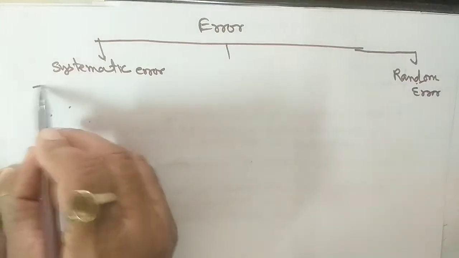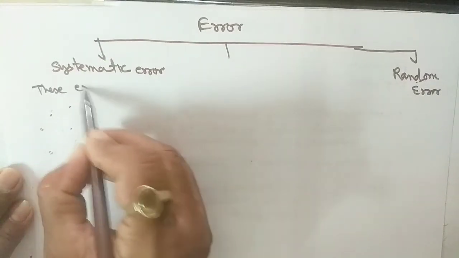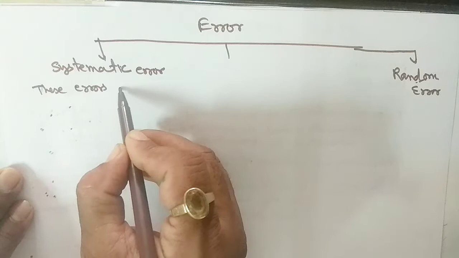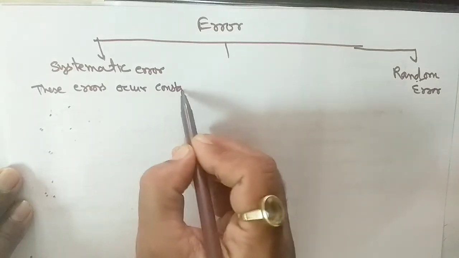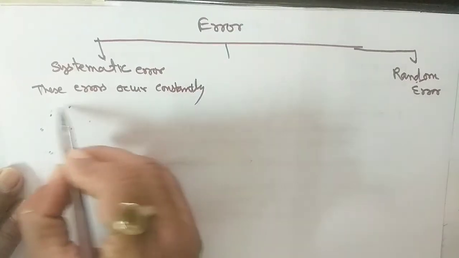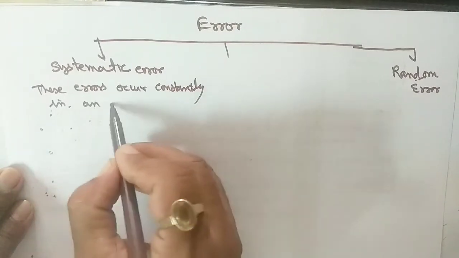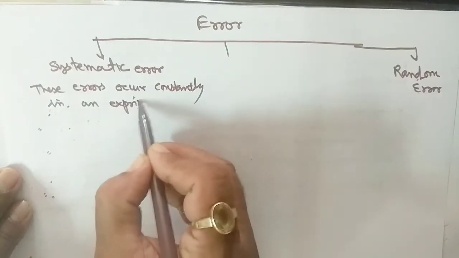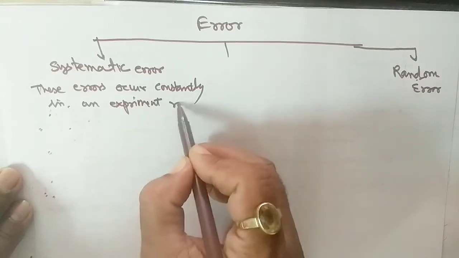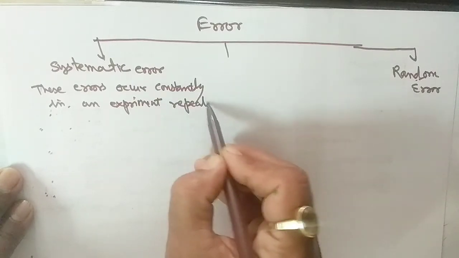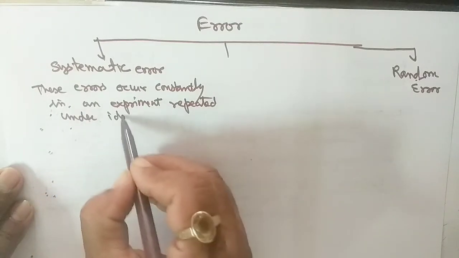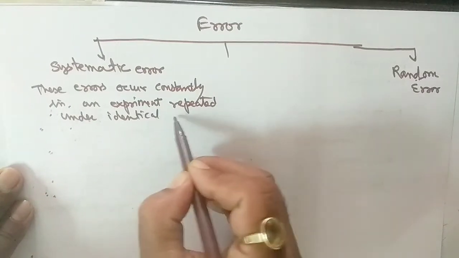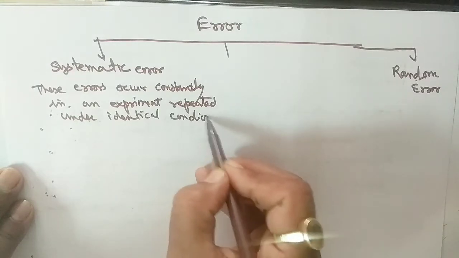These errors occur constantly in an experiment repeated under identical conditions.